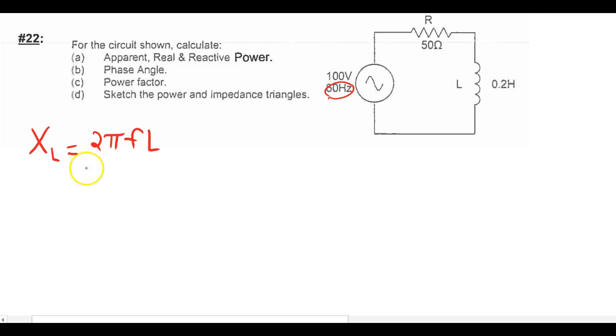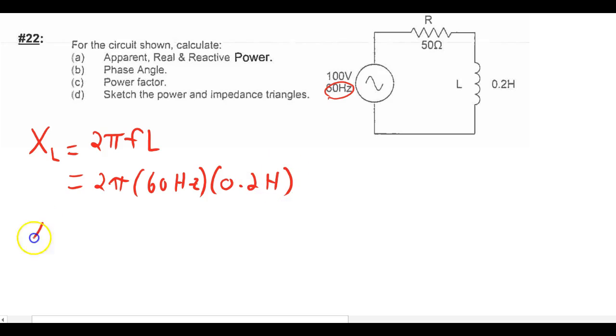And so we have 2 times pi times 60 hertz times the inductance value, 0.2 henries, gives us XL is equal to 75.4, and the unit for inductive reactance is ohms.